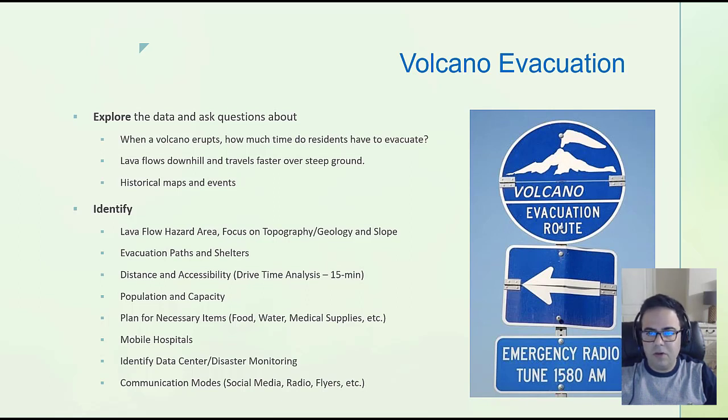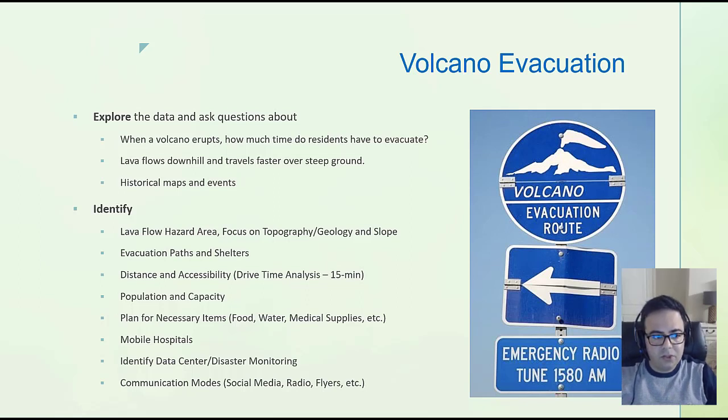Also looking at historical maps and events would help to significantly learn from past events, learn from the actual events of the volcano.